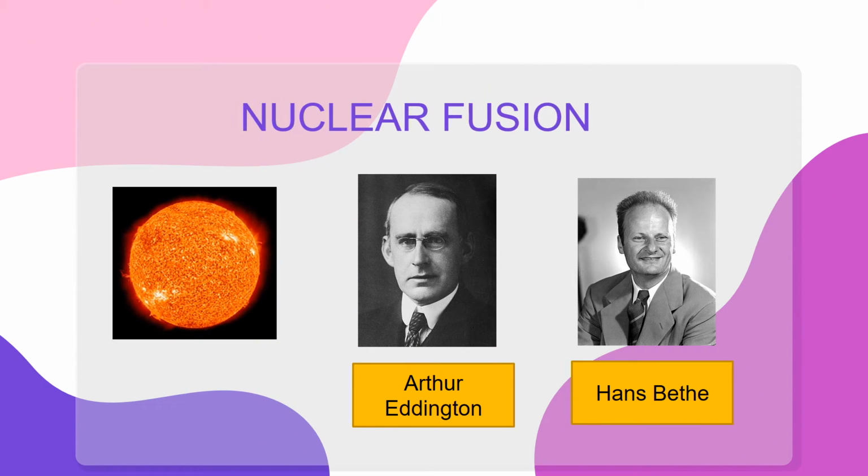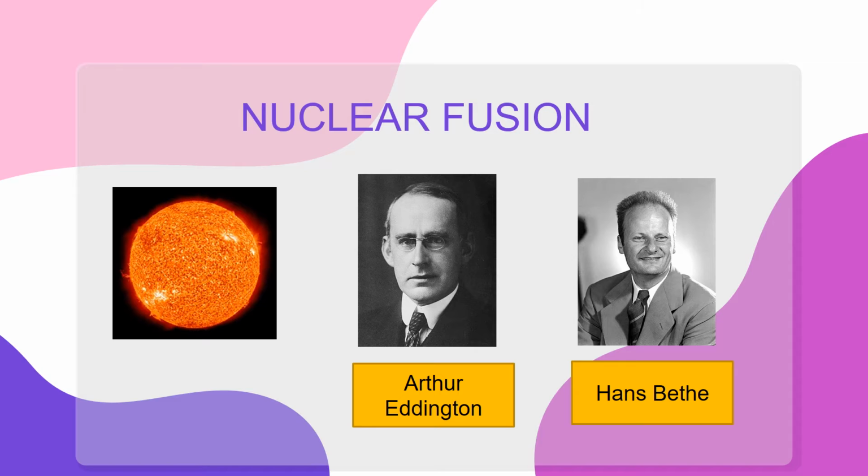Now, we are going to discuss nuclear fusion. Alright, the Sun is a main sequence star and thus generates its energy by nuclear fusion of hydrogen nuclei into helium. In its core, the Sun fuses 500 million metric tons of hydrogen each second.